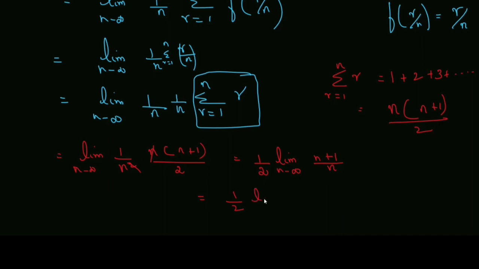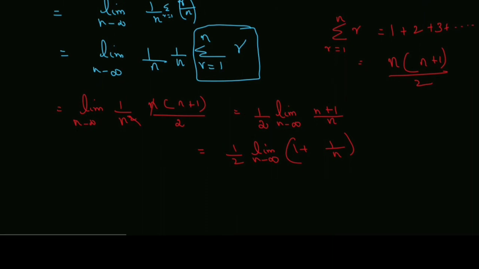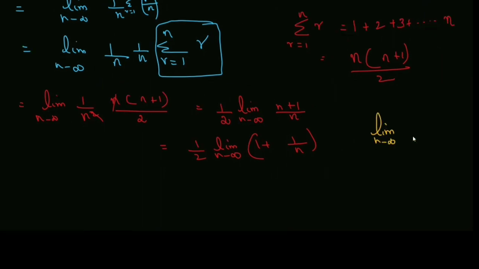What do you get? Limit n tends to infinity, n by n is 1 plus 1 by n. Now, you also know that the limit n tends to infinity of 1 by n is 0. When n approaches infinity, any number divided by infinity, infinity being a huge number, so 1 by n will become 0.